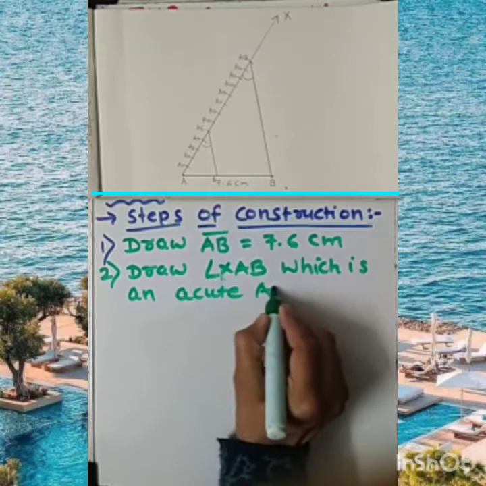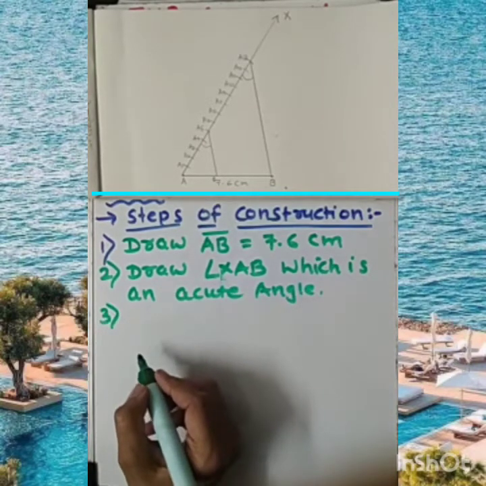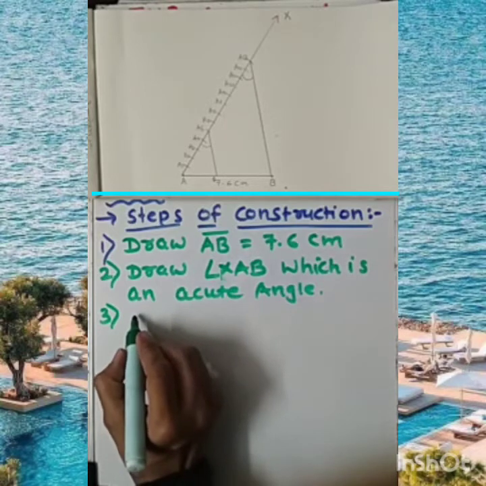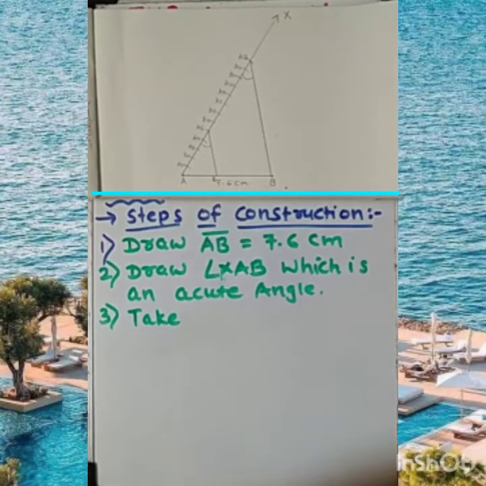Clear? This is the second step we have done. Now in the third step, I want to make equal parts, so take a radius not more than half.